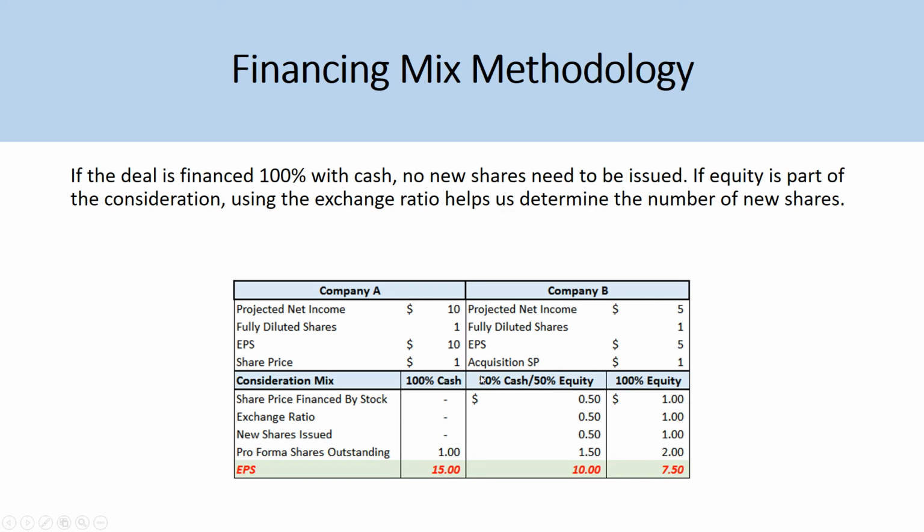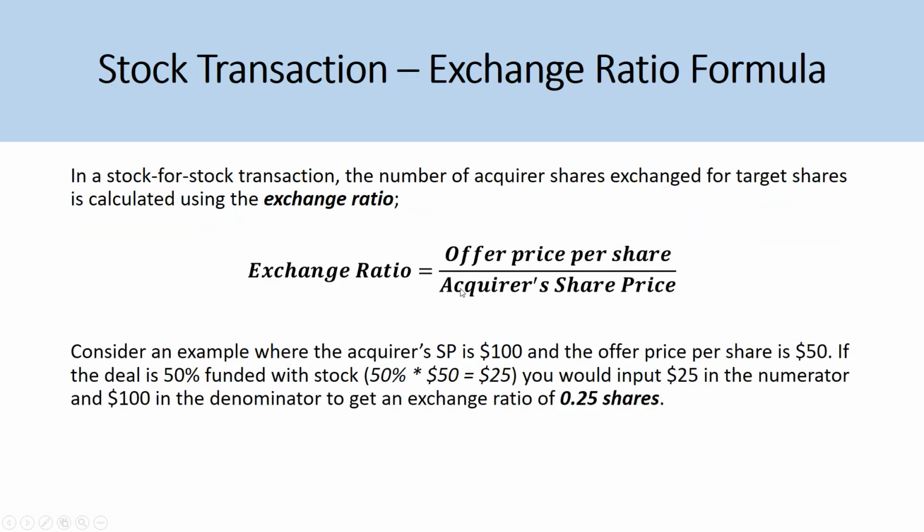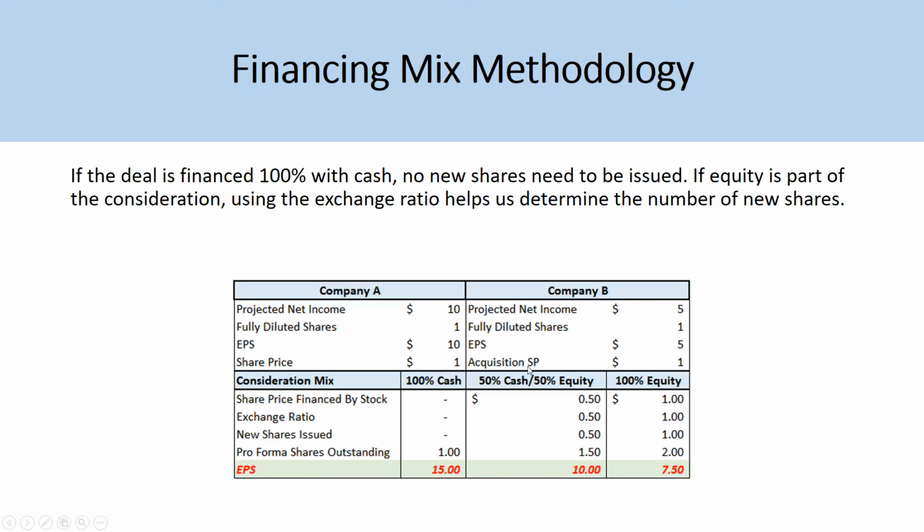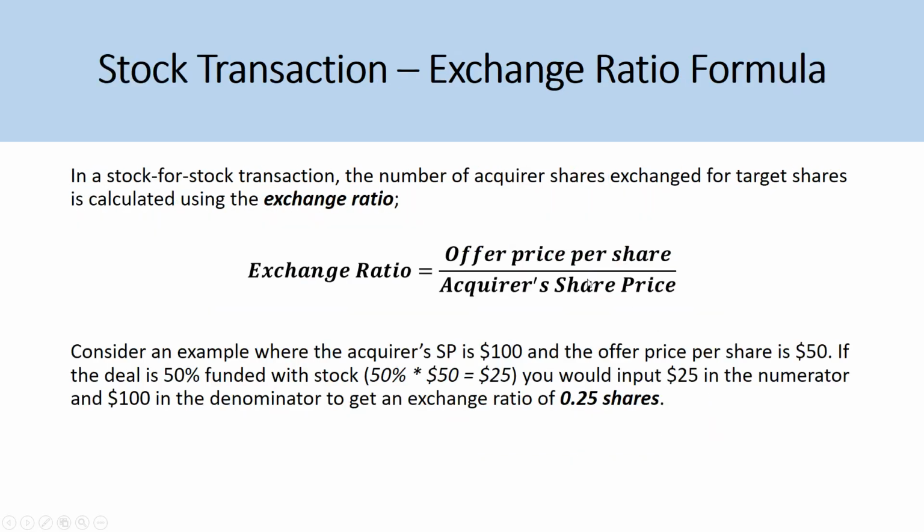Now, in a scenario where 50% cash is used and the other 50% is equity, think of it from the exchange ratio perspective. Going back to this formula, we have the offer price and the acquired share price. The offer price is 50% financed through equity, so 1 times 50%, or 50 cents of the deal, is financed through equity. So we have the share price financed by stock, that's 50 cents. So the exchange ratio is 0.5, because we have 50 cents divided by the acquired share price, which is $1.